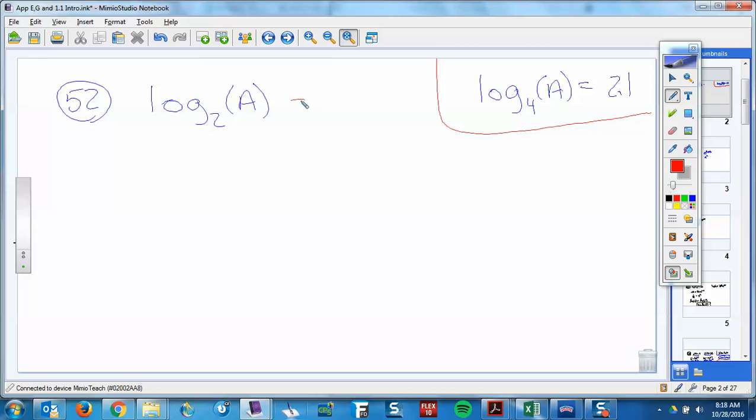So on 52, what? Oh, I switched to x. Switch what to exponential form? This one? Should be 4. So this is what they gave you. So 4 to the 2.1 is equal to a. Right? I would agree with that.